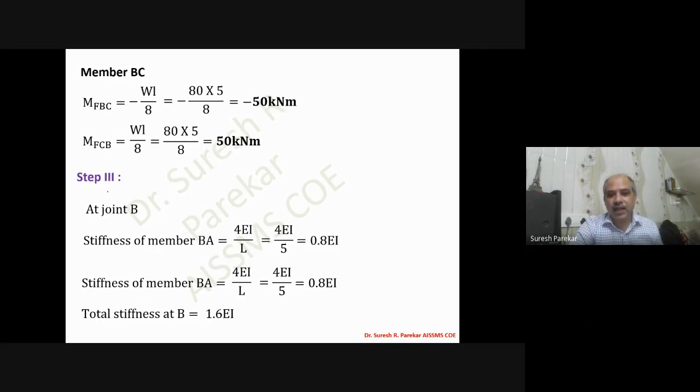At joint B, we have the stiffness of member BA. It is 4 EI upon L, because if we consider joint B, the farther end is A, and that is fixed. So we have 4 EI upon L, which will be 0.8 EI.